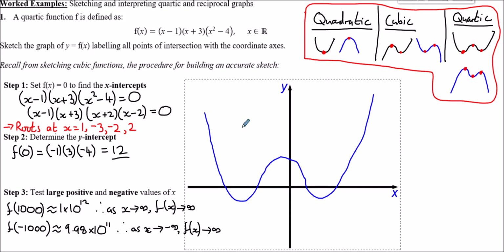So as long as we label these on, that should be fine. Obviously my graph is very sort of jagged. I'm not very good at sketching, but the examiner will see my point. So we have -3 here, -2, the y-intercept's at 12, then we have over here 1 and 2.